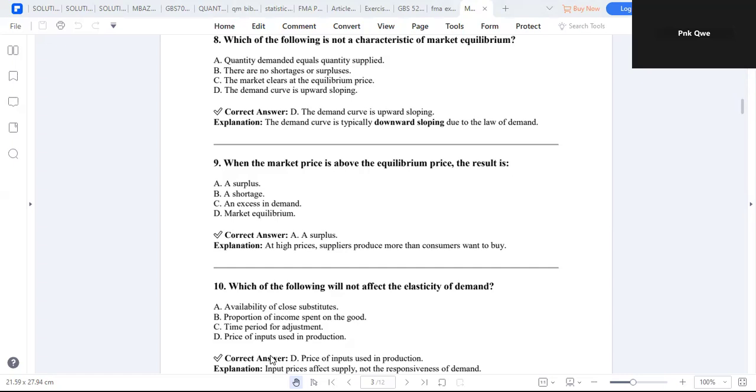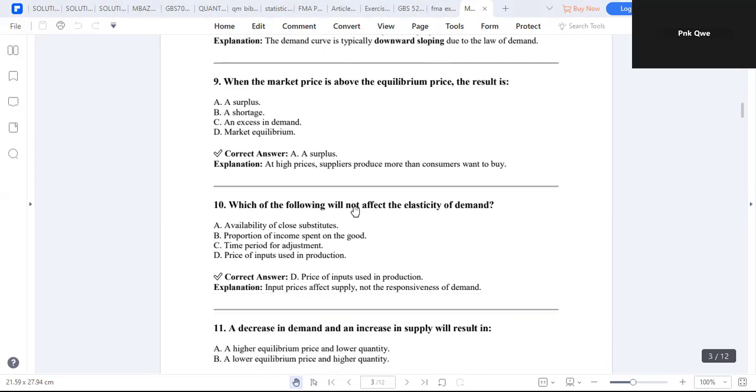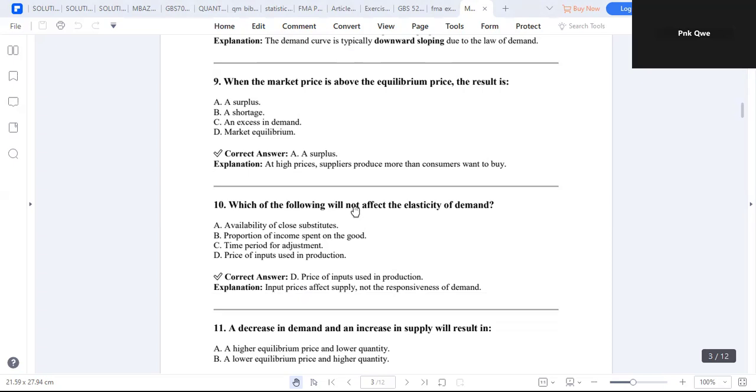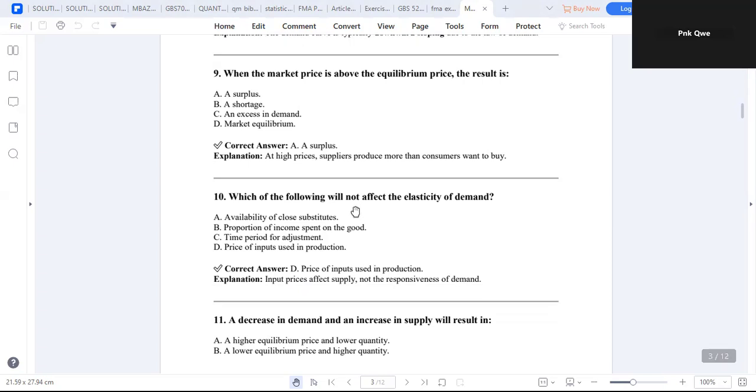Then we go to our next question. Which of the following will not affect elasticity of demand? The principle here is that when you're dealing with elasticity of demand, what are the determinants of elasticity of demand?